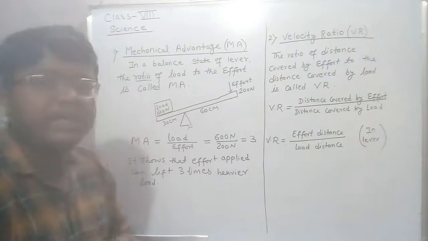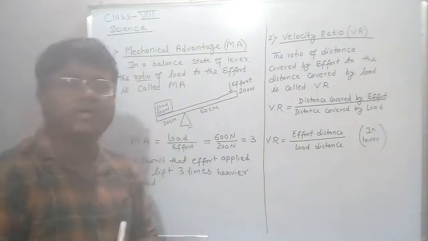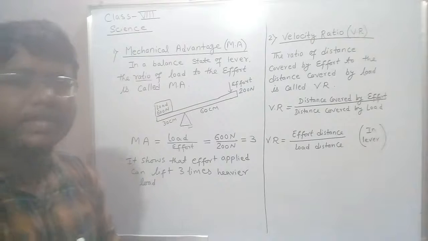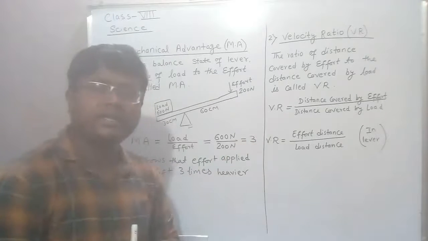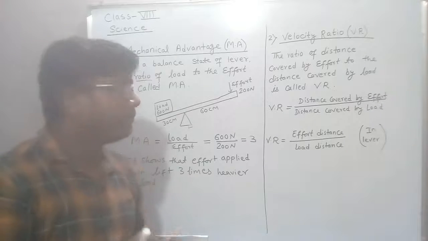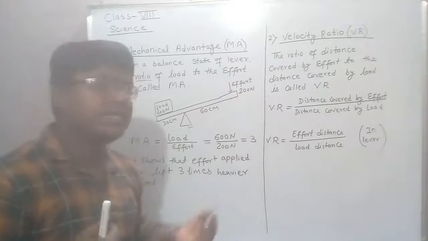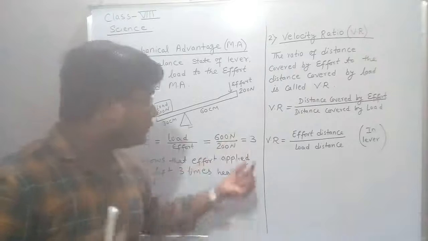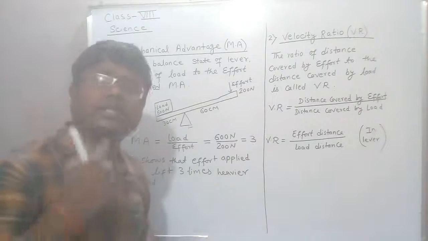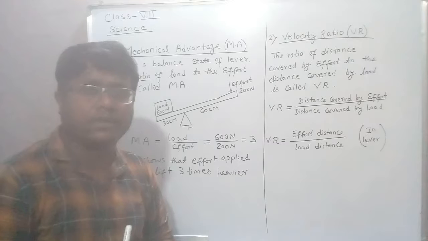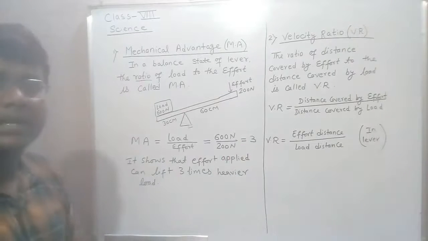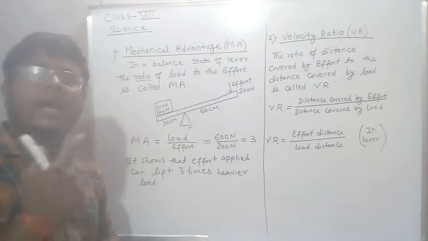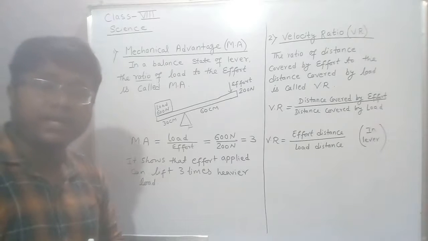Here we are using 200 Newton effort, and its mechanical advantage is 3. It means we can lift a load which is 3 times of this effort. That is why mechanical advantage tells us how many times an effort is multiplied while lifting a load.